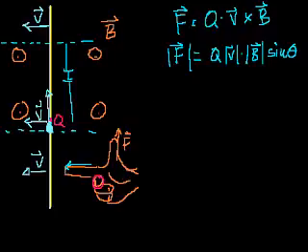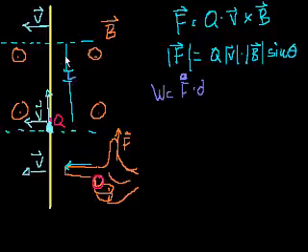Well, what's work? Work is equal to force times distance, where the force has to be in the same direction as the distance, right? I won't mess with the vectors right now, but they have to be in the same direction. So the work is going to be the net force exerted on the particle times the distance.